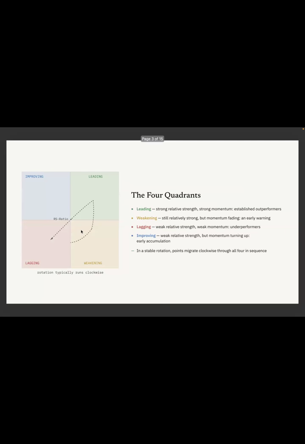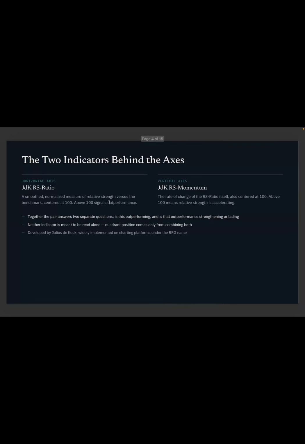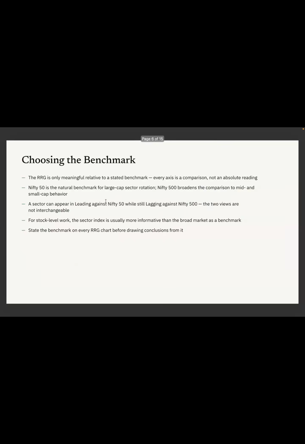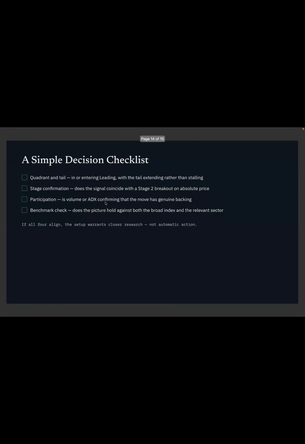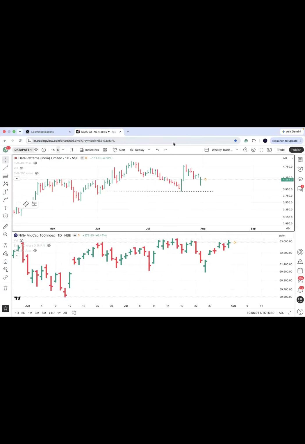You just have to look into the leading, weakening, lagging and improving sectors. I don't think this theory is much more important over here. What is important is that we go through a particular example of how relative strength works. So just give me a second, I'll give you a visual representation.